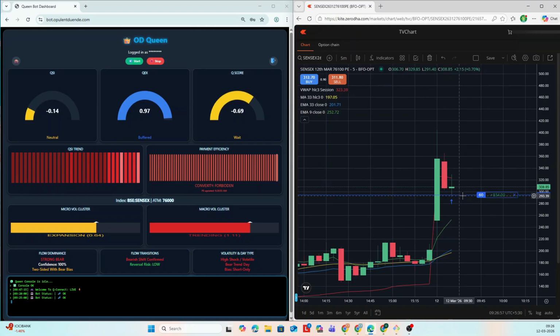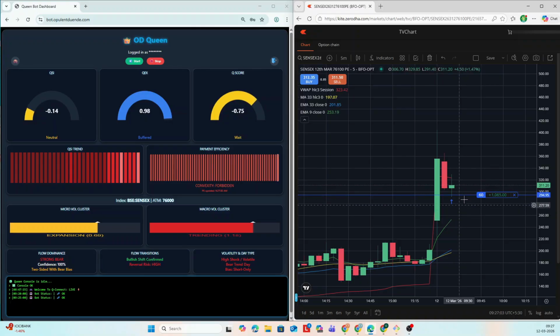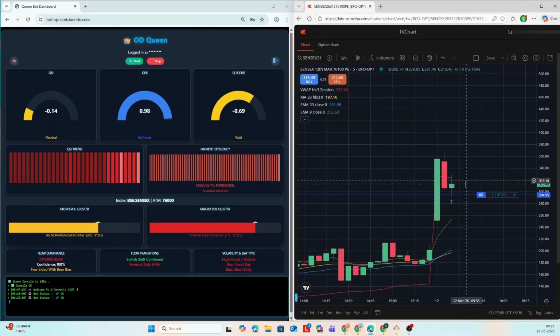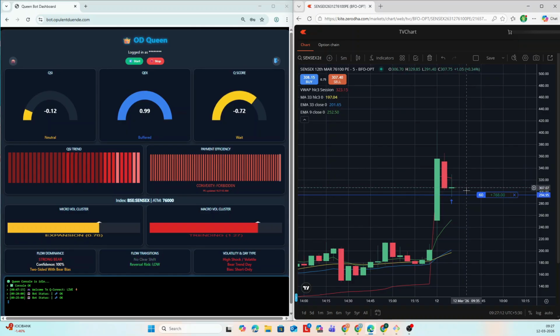As I said, it's an option buying system, and we got this particular trade around 293, as can be seen here. We'll talk when we are getting ready to exit.